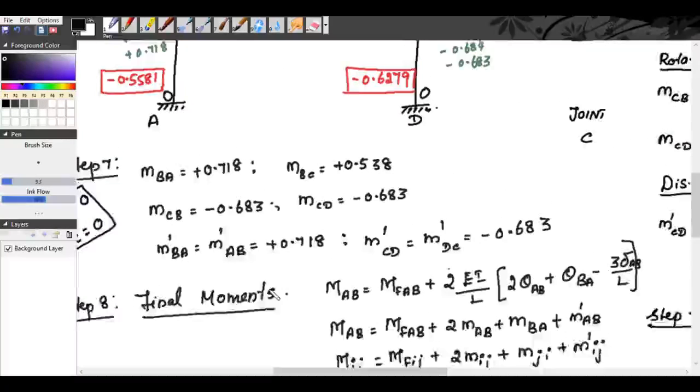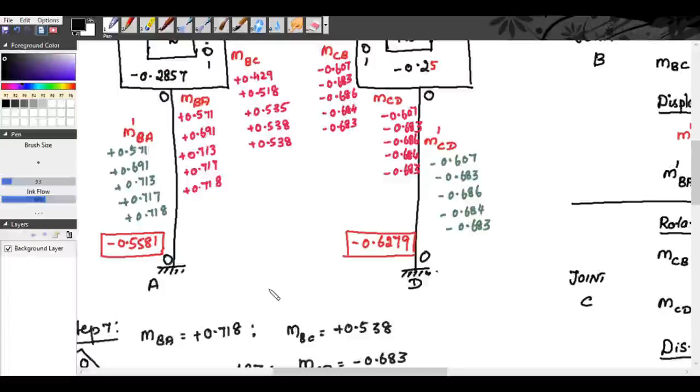See, I think there is some mistake here, right? This is wrong actually. I put the same value.